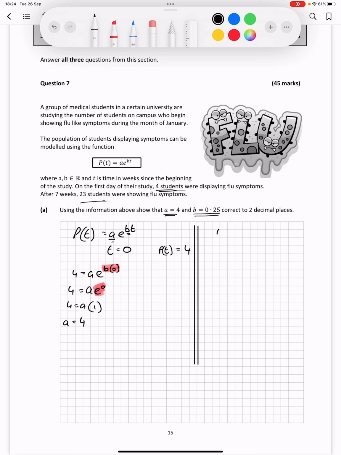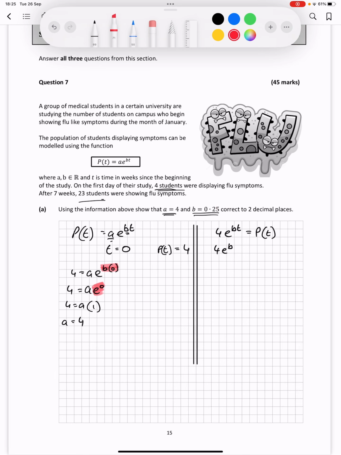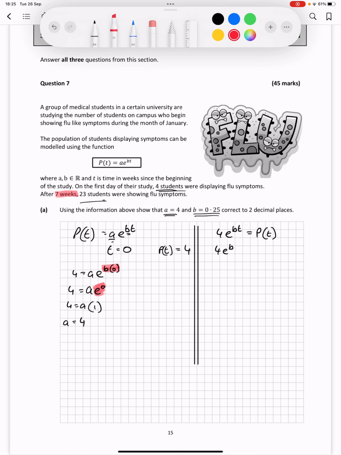Now moving on. So let's fill in 4 e to the power of bt is equal to P(t). So let's keep going with this. 4 e to the power of bt, and now let's fill in the stuff we have here. So after 7 weeks is 23 students.